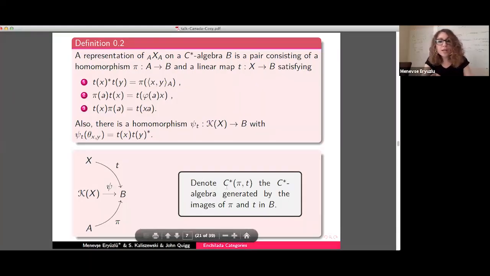But first, here is how we denote the C-star algebra generated by a representation. When we say representation, we have a star homomorphism and a linear map. For each representation, we have the star homomorphism from the compact operators to B. And when pi is injective, this is injective and T is isometric.